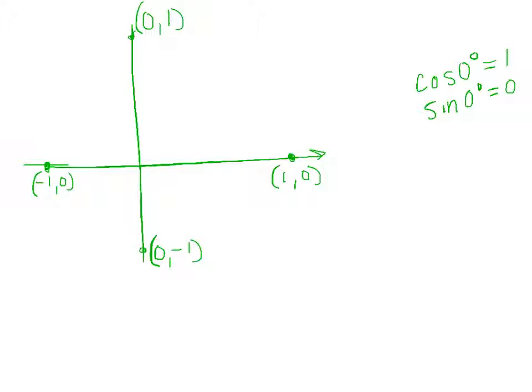So the (1, 0) isn't telling me the x and y point anymore. Now it's really telling me the cosine of the angle, comma, the sine of the angle. So x, y is going to be replaced by cosine theta, sine theta.